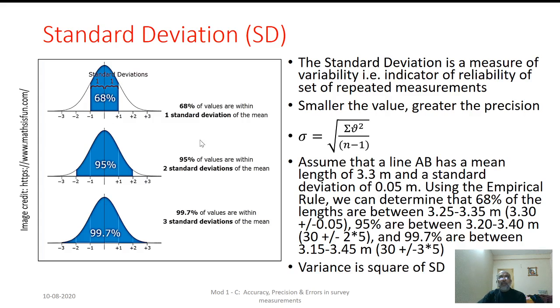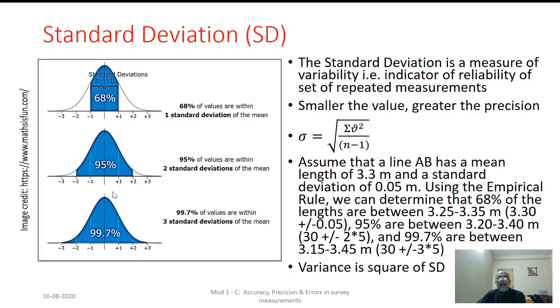So, as we make use of this empirical rule, we can determine that 68% of the lengths are between 3.25 and 3.35 meters, as we determine 3.3 plus or minus 1 standard deviation.